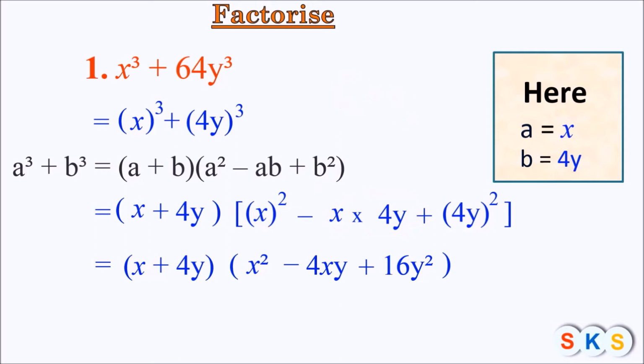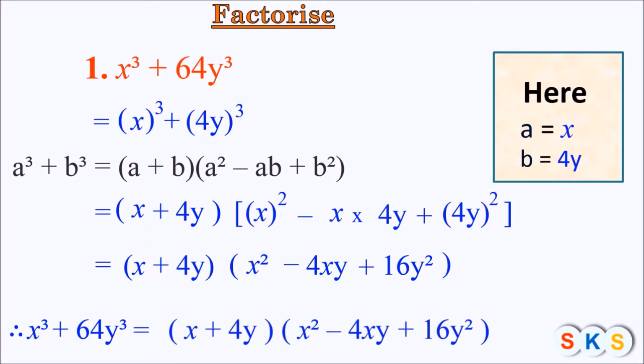You can see the first bracket is x plus 4y, which cannot be simplified further, and the second bracket has x square minus 4xy plus 16y square, which also cannot be simplified further. So we can say that therefore x cube plus 64y cube is equal to x plus 4y into x square minus 4xy plus 16y square.